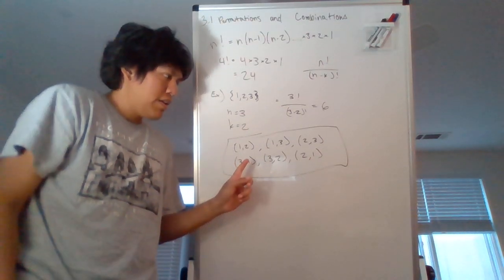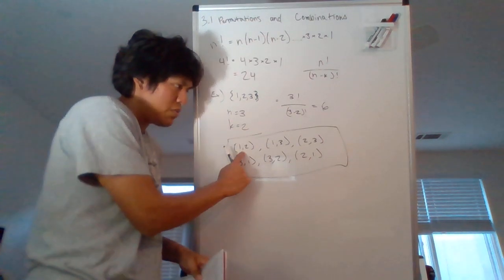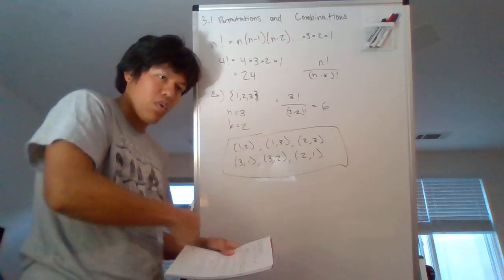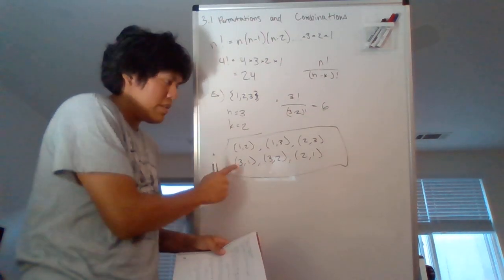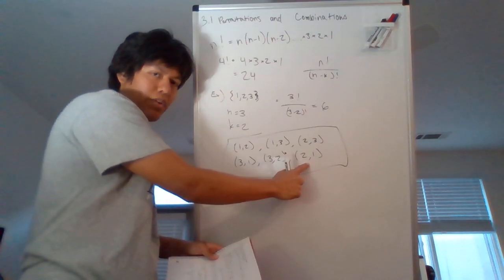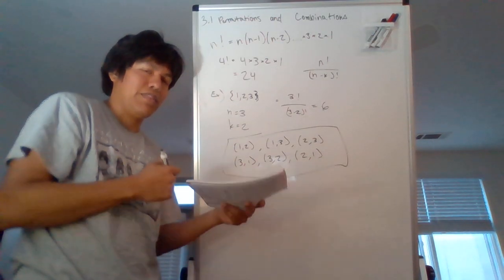And you'll notice also that, for example, 1, 2 and 2, 1 have the same elements, the 1 and the 2, but they're in a different order. So here we have 1 first followed by 2, here we have 2 first followed by 1, but they don't count as the same subset, they're still different.